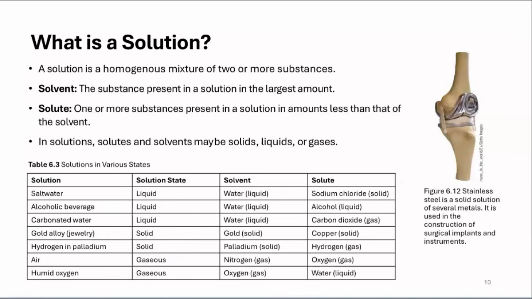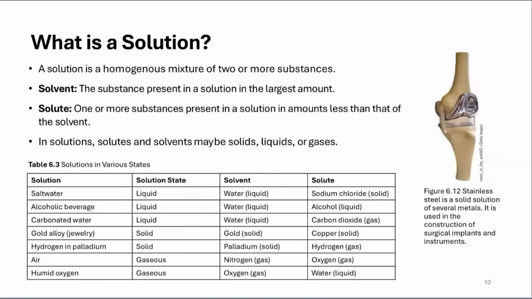And alloys are going to be when we have specifically metal elements that are combined, but these combined elements do not make a compound. They are just going to be physically mixed and sitting next to one another, but there's no chemical bond between them. So, for example, gold alloy is the combination of gold and copper.